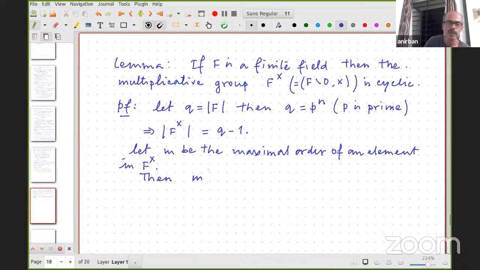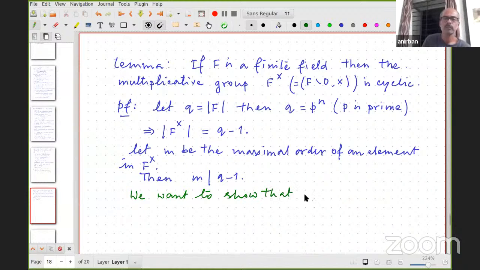So M of course divides q minus 1, and in particular M is less than or equal to q minus 1. So we want to show that M is equal to q minus 1. Let me just change color. M equal to q minus 1.